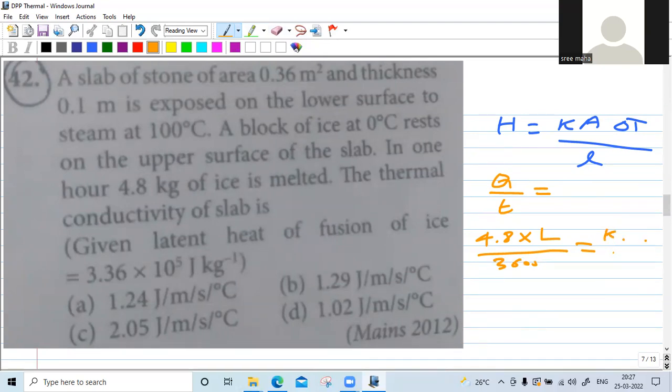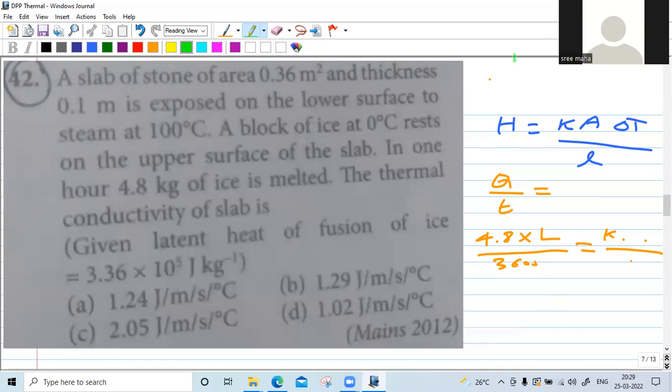Area is known, delta T is known, length is known. To solve this, I'm not going to do it. Get the answer. 1.24, sir. Check the answer. Is it correct?